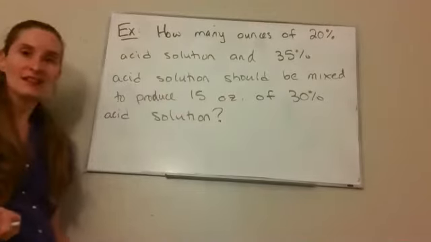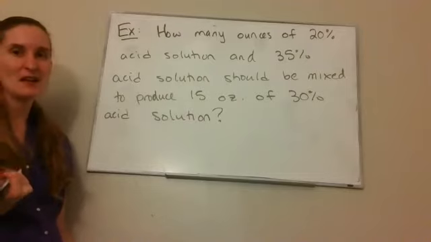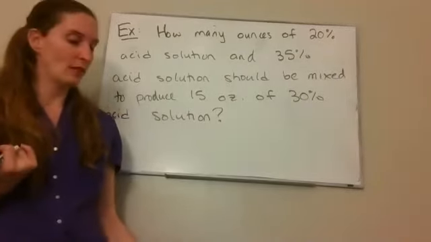So this is a systems of equations problem, but we don't know what the system is yet. We have to write our own equations to make up the system by reading the word problem.